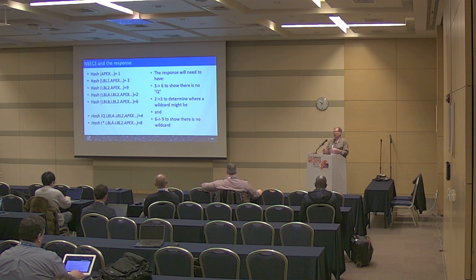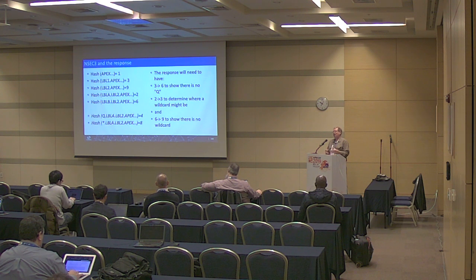I want to show the person asking that there's no Q. So if I say that hash number 3 to hash number 6 exists, meaning 3 is there, 6 is there, but 4 and 5 are not, that means the name you asked for is just not there. That's pretty clear, though it's obfuscated by the hashes.